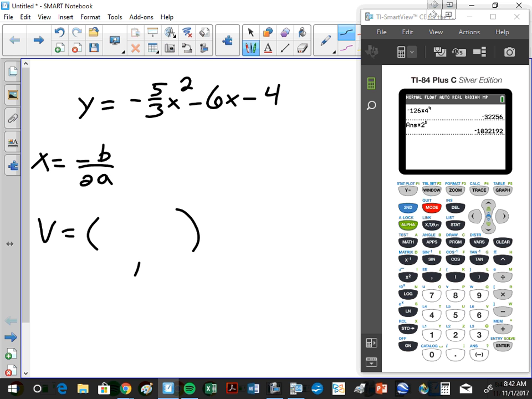And whenever you're plugging in fractions, I would use parentheses. So we're going to take the opposite of negative 6, and we're going to divide that by 2 times negative 5/3.